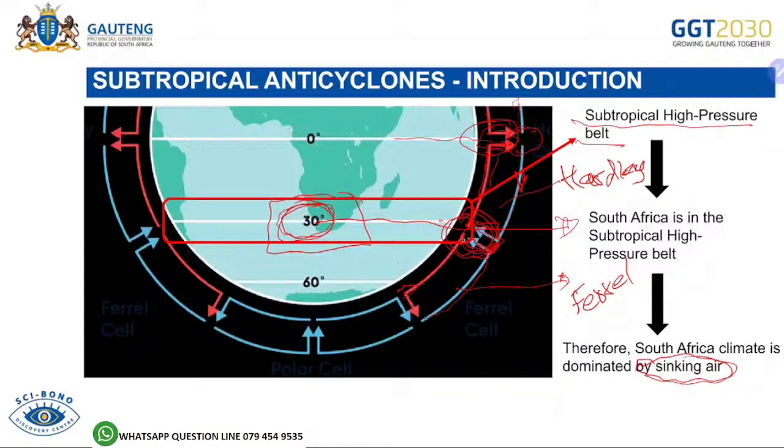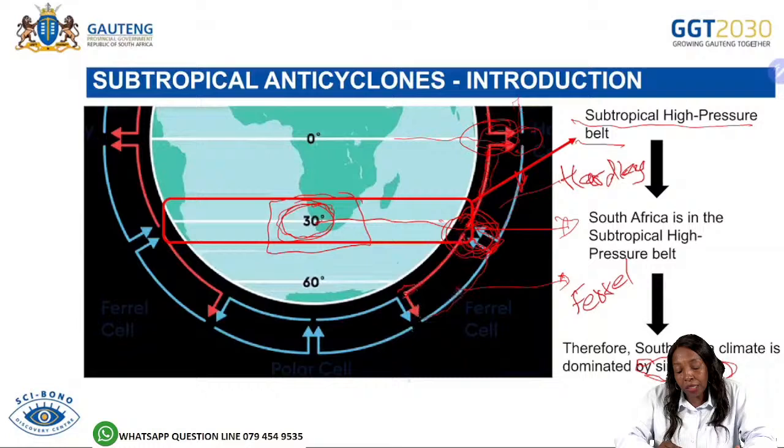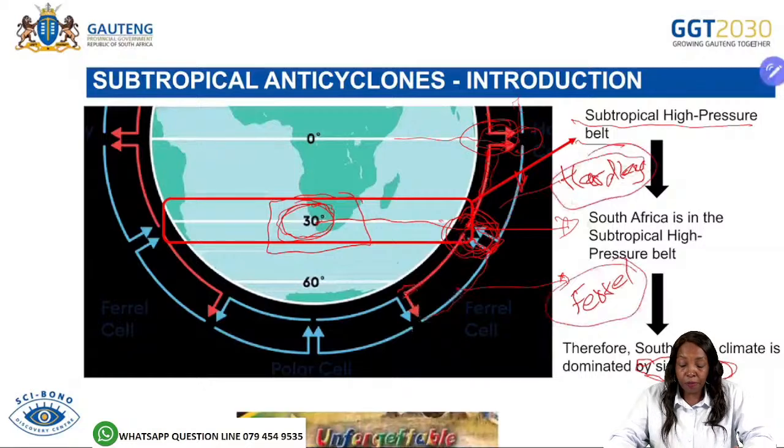And what we can also identify is the surface divergence, where the warm and dry air within the 30-degree latitude would be directed towards the equator, and it would also divert towards the 60-degree latitude. So basically, these are the two cells that are responsible for the development of the subtropical high pressures.